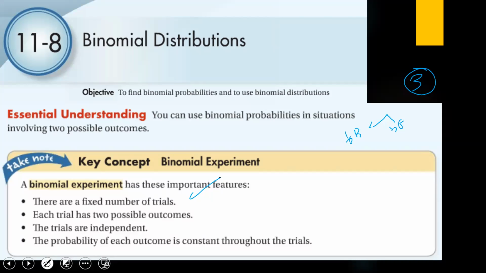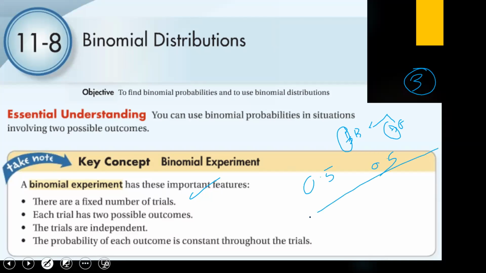What does it mean? It means if the first one is a boy, the second baby doesn't depend on the first one. And the last one, I have half and half each. I mean, I have a fixed probability in each trial: 0.5 for boys, 0.5 for girls.